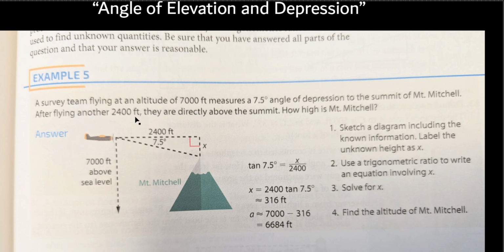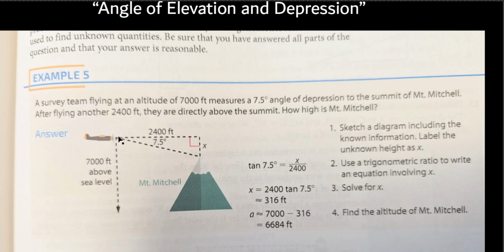What you're trying to do, it says, is after flying 2,400 feet, they are directly above the summit, and you want to find out how high that mountain is. Now, they do know how high they are above sea level. But when they go 2,400 feet, apparently they don't know how high they are above that mountain, so you have to use trig to figure it out.